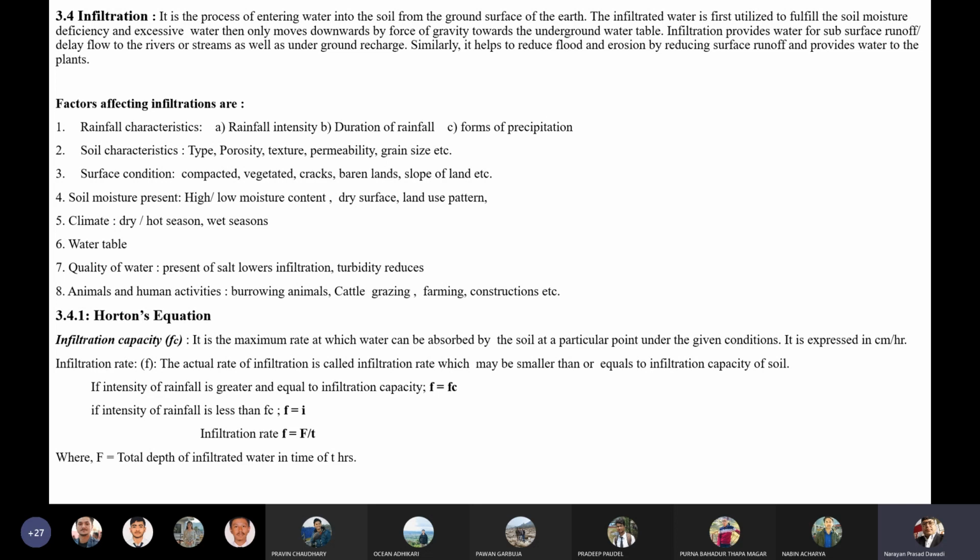Now, water table. If the water table rises near the topsoil, near the ground surface, then there will be a chance of contact of the precipitated water with the water table at a low distance.